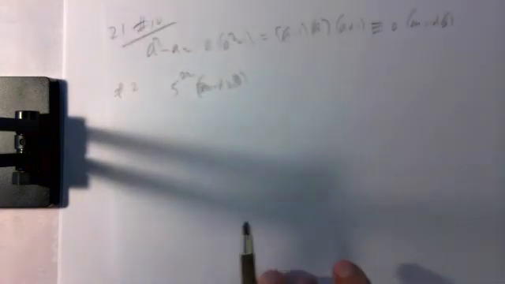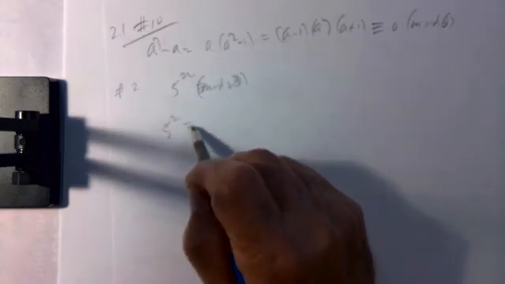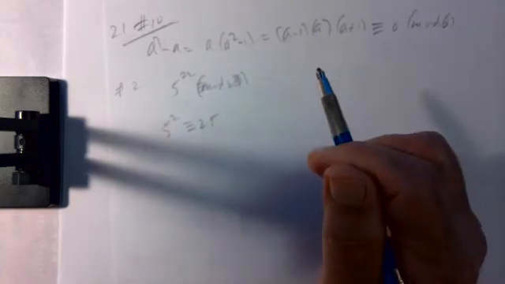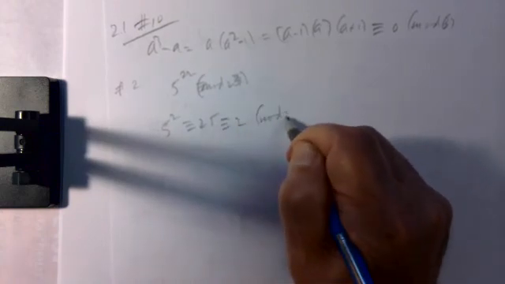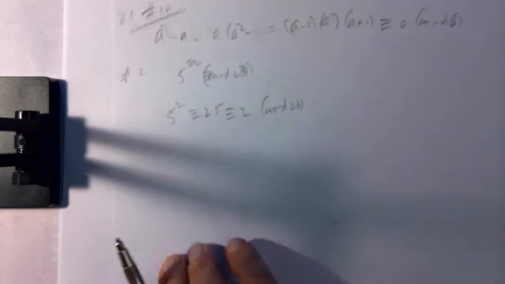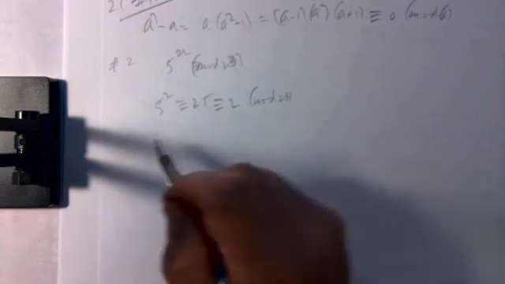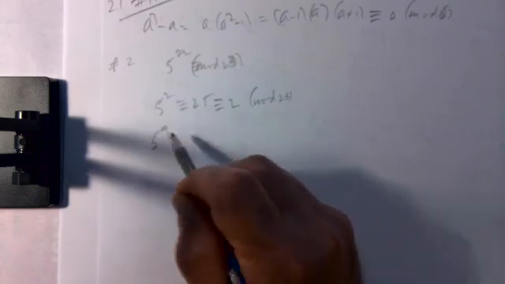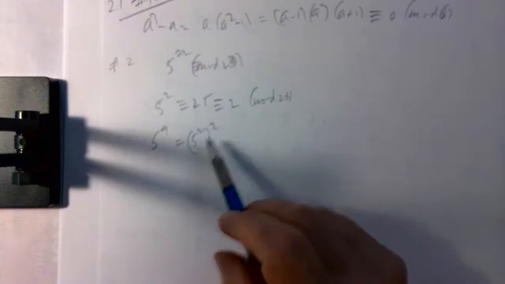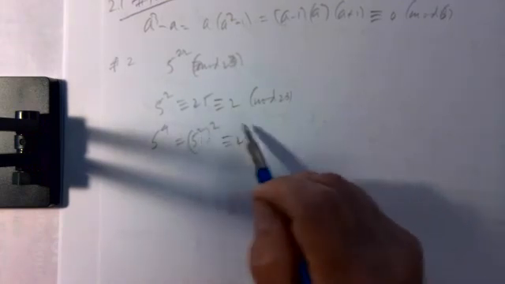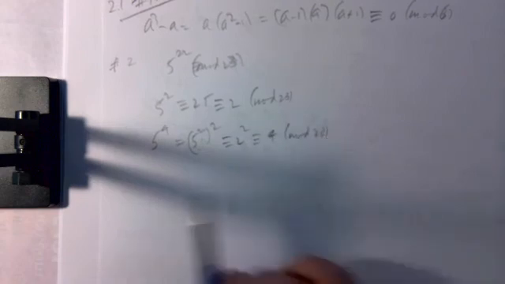Well, let's see. We know that 5 squared is 25, which is congruent to 2 mod 23. So 5 to the 4th, which is 5 squared squared, is congruent to 2 squared, which is 4 mod 23.